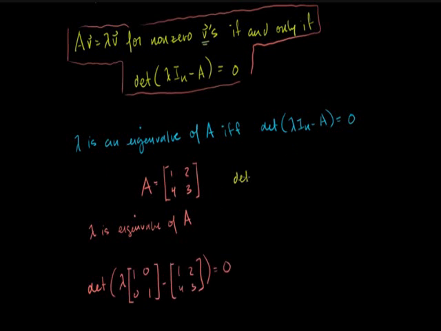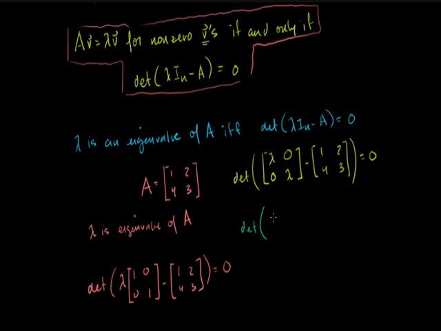When we multiply the identity matrix with lambda, this results in lambda 0 0 lambda, minus 1 2 4 3, and we can subtract these matrices from each other to make one matrix, and we have to find the det of this matrix.